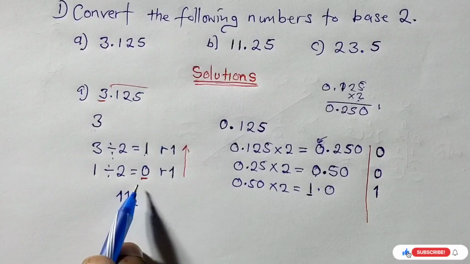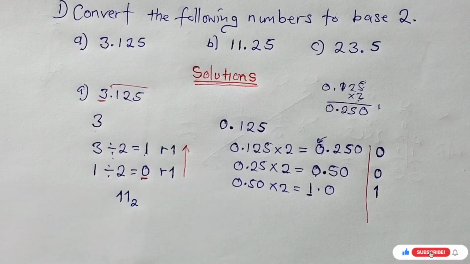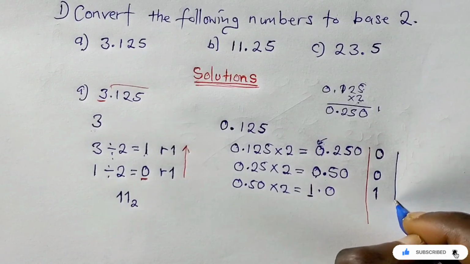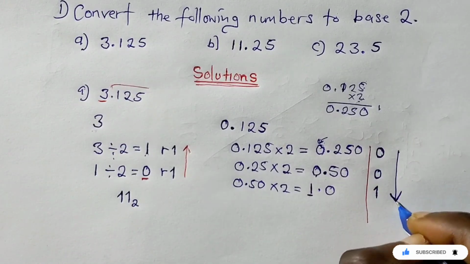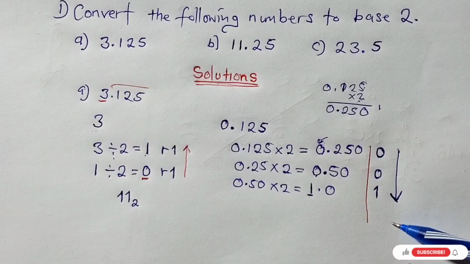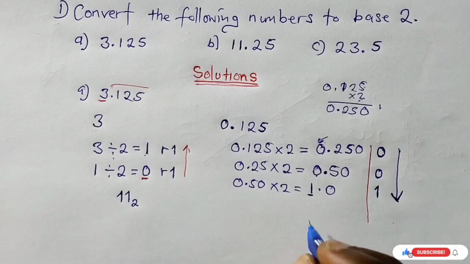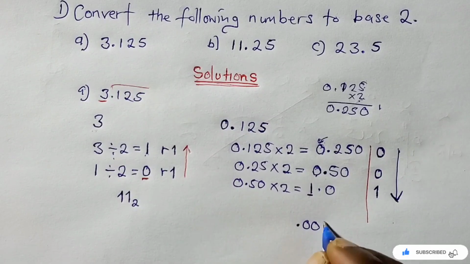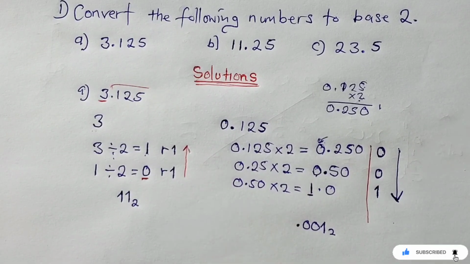But here you stop when you find 0 when dividing. And then here you read from the top down. Okay? So you start from the top going down. You see? So this side you have 0.001 base 2.